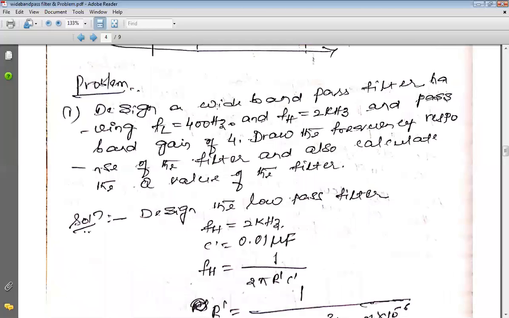Design a wide band pass filter having lower cutoff frequency FL of 400 Hz and FH of 2 kilohertz, and the pass band gain AFT, that is the total pass band gain, is 4. Draw the frequency response of the filter and also calculate the Q value, the quality factor of the filter.